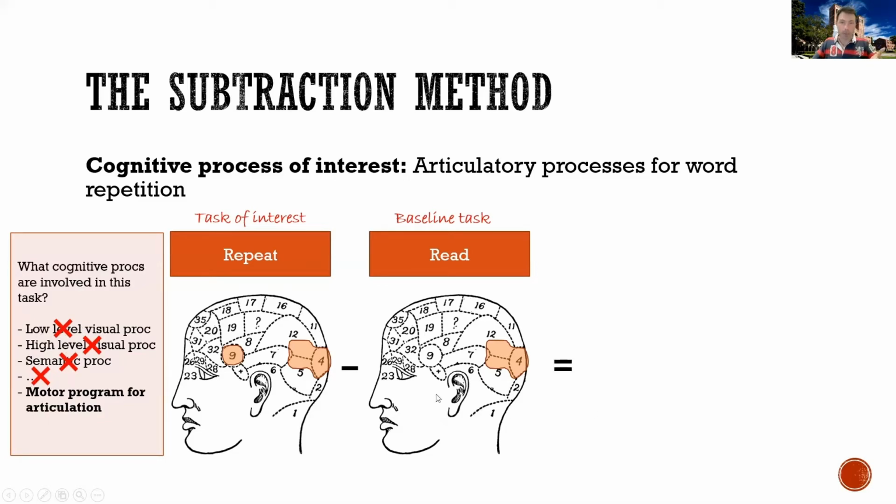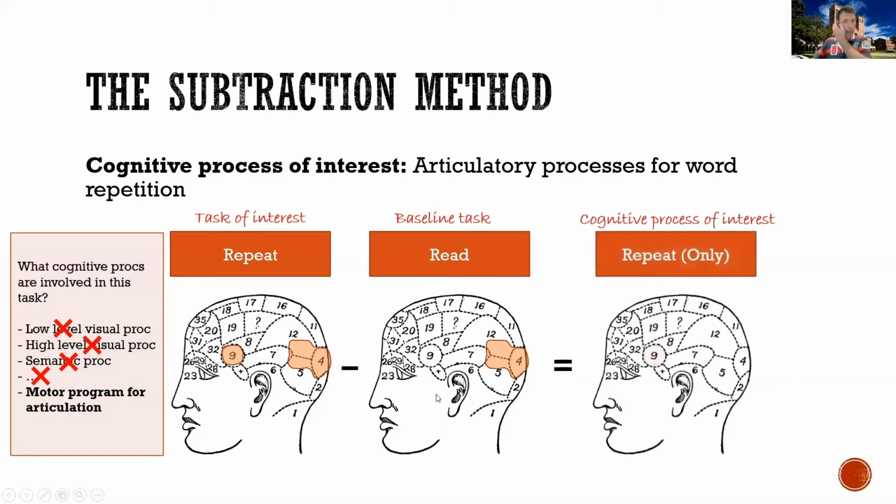And so if I subtract the two, lo and behold, I will find a pattern of activation that should be exclusive, should only be about the one cognitive process I care about, motor programs for articulation. Okay, so my task of interest has a lot of processes, including the one I care about. I subtract from it a baseline task that has all the same processes except for the one I care about.